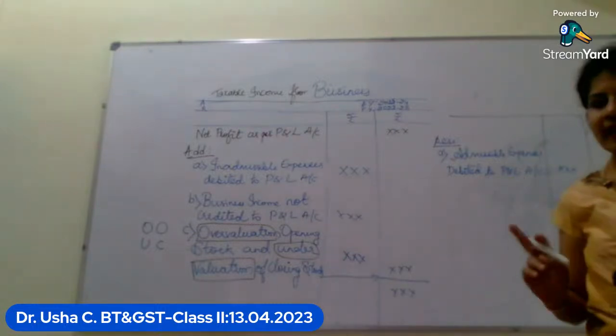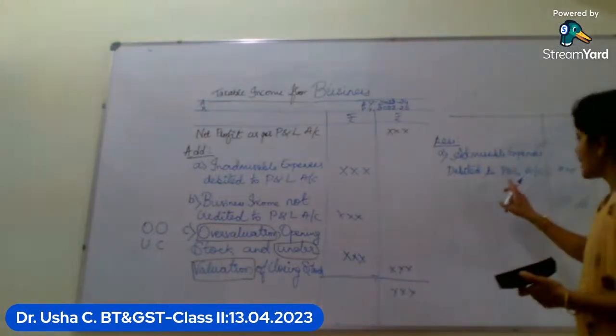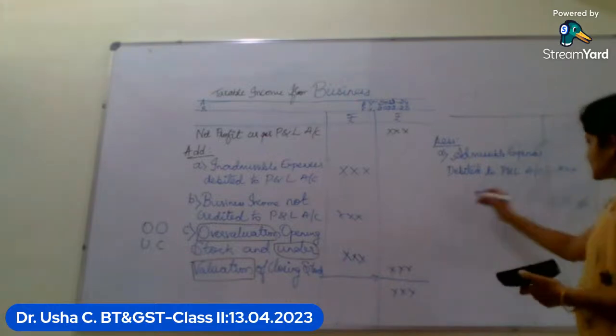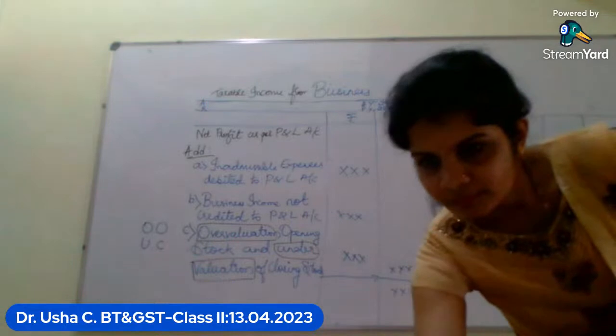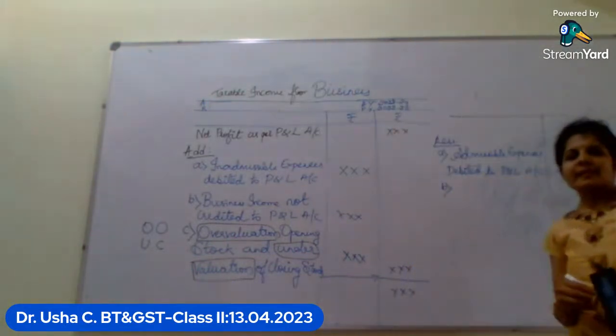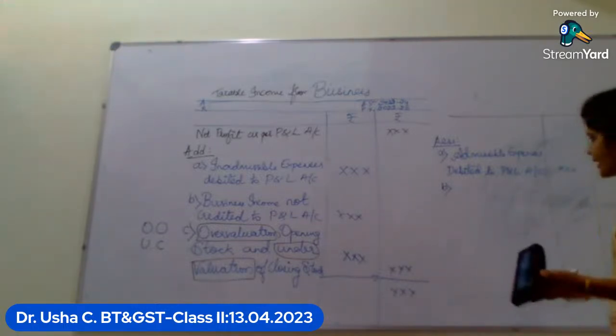And repeat again, admissible expenses debited to profit and loss account must be deducted. Next.